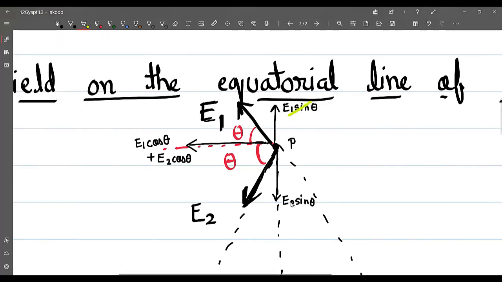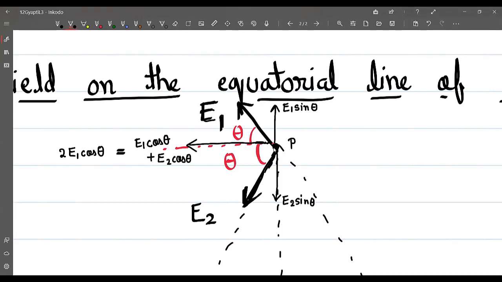Now we know that E1 sin theta will cancel out E2 sin theta. So E1 sin theta and E2 sin theta will cancel each other out. But the E1 cos theta and E2 cos theta, they will get added up. Because E1 is equal to E2, I can write this as 2 E1 cos theta.